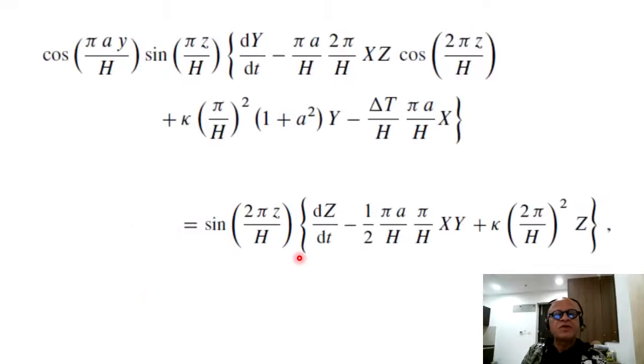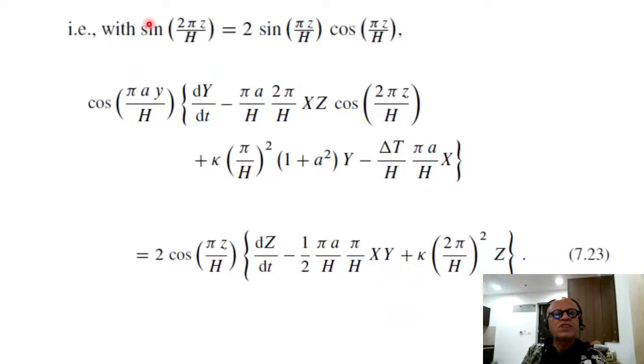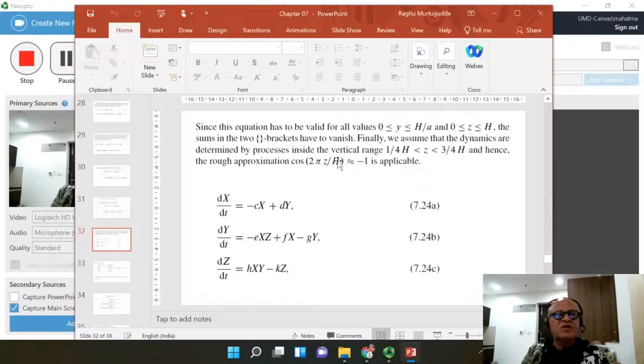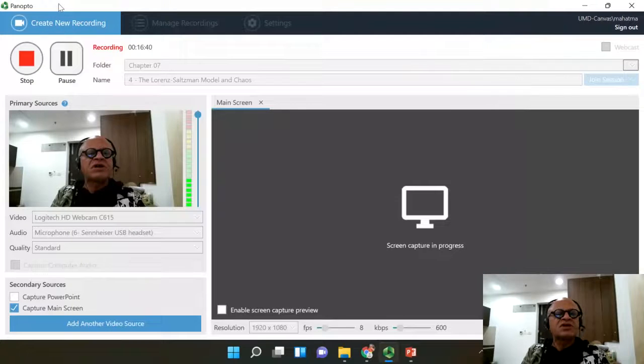So with sin(2πz/H) equal to 2 sin(πz/H) cos(πz/H), just expand it, the equation becomes of this form. So left-hand side and right-hand side, some constraints have to be satisfied for the terms in the brackets to satisfy the boundary conditions and so on. Let me leave that there, because this has gotten long and the equations are a little hairy.